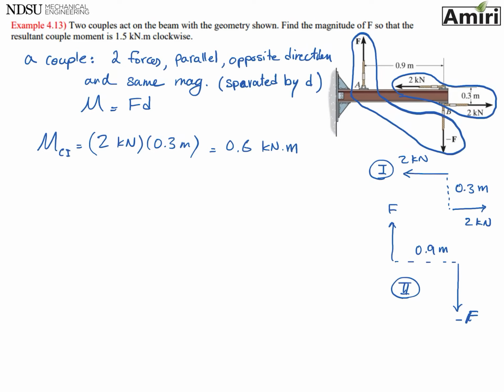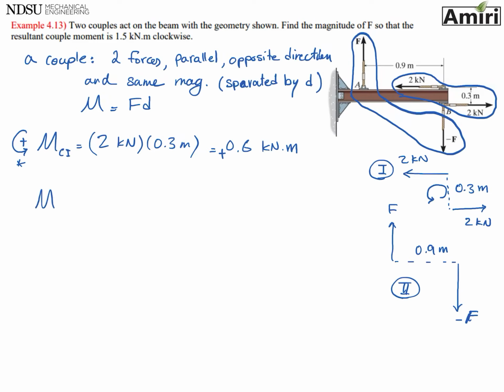I am going to take rotation that goes this way as the positive rotation. So when you look at couple 1, the rotation that they're making is going counterclockwise, which is same as the sign that I want to have. So I'm going to put positive.